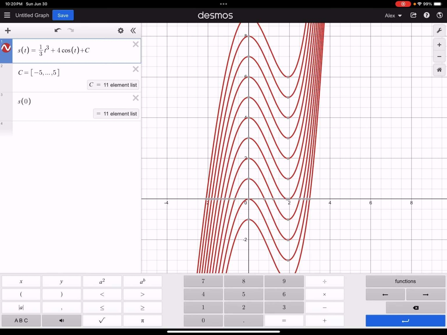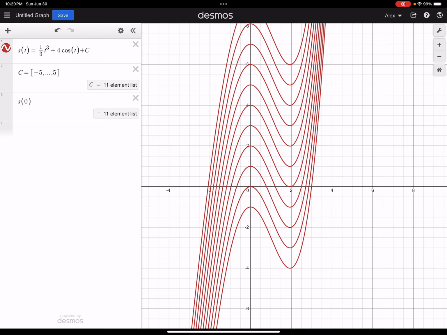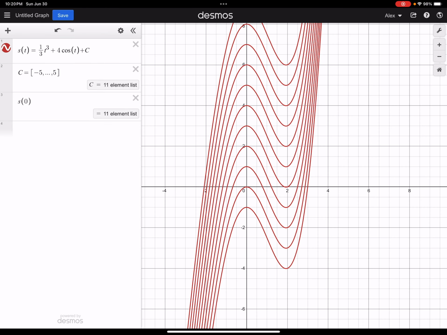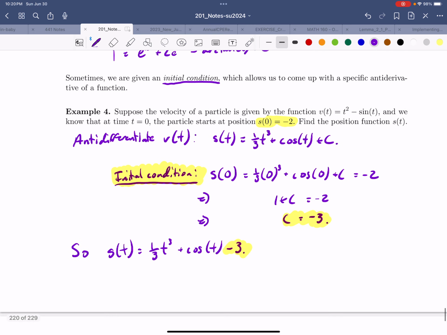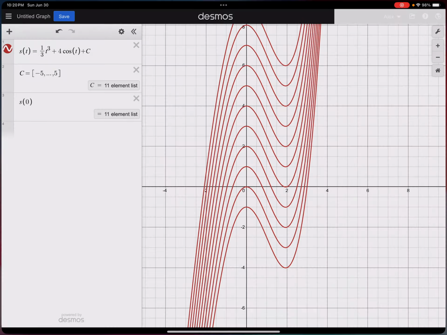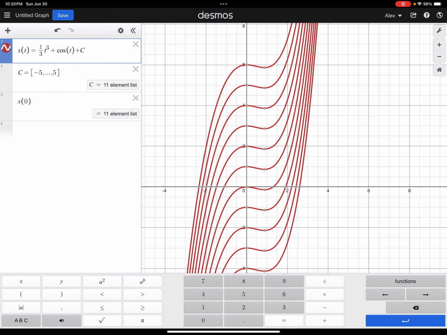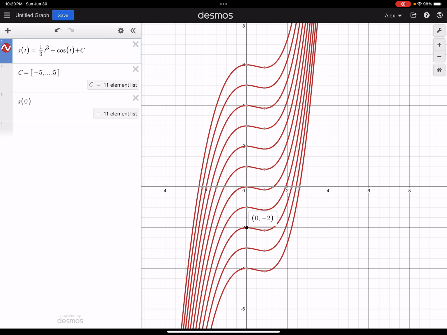There you go. All right, so there we go, we have that guy. Oh, no, sorry, not plus 4 cosine t, plus just cosine t. My bad. There, that makes much more sense. Okay. Right, there's our point, and so at that point we say, oh, okay, look, 0, -2. This is what it would have been if c had been equal to 0. So that's our answer, okay?